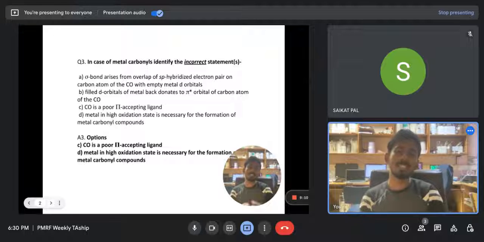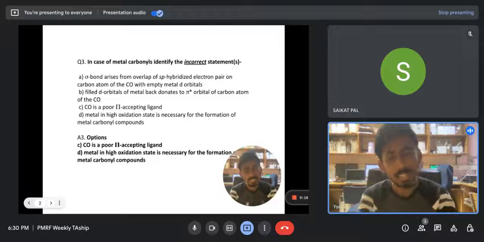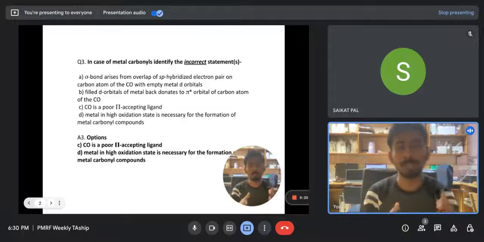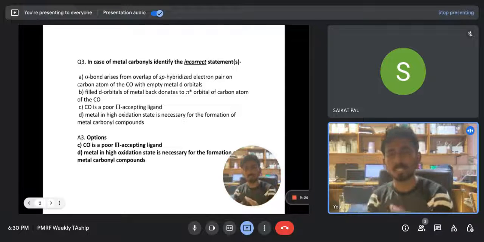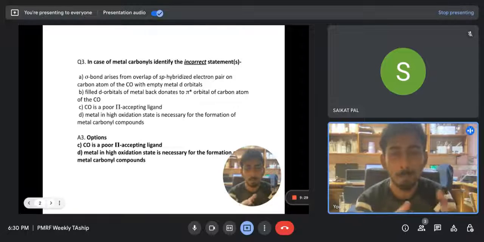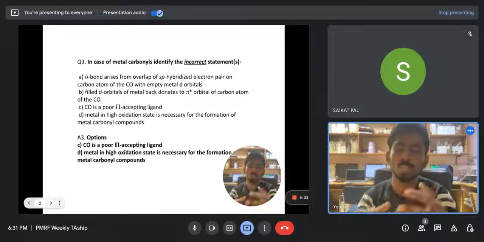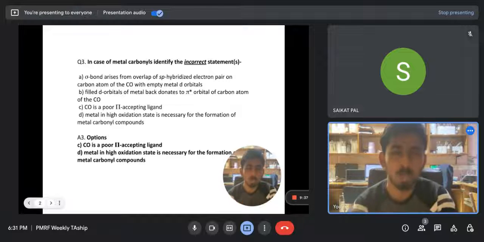But if the metal resides in its low oxidation state, that is, the metal is having an extra electron density, then the electron density on the metal center is not actually good, because metals are electropositive in nature, and if we are putting extra electron density on the metal center, it will not be good for a metal. So in this case, the pi acceptor property of the COs comes into the picture. So the CO molecules will then drag the extra electron density of the metal center towards them.